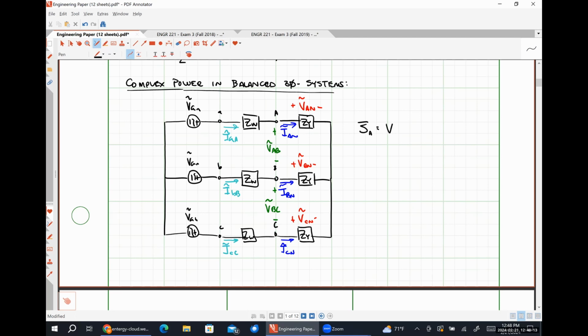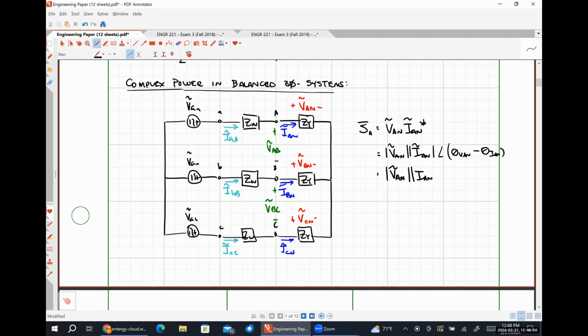So VAN times IAN conjugate, which I could express as the magnitude of VAN times the magnitude of IAN with an angle of theta VAN minus theta IAN, which is the same as the magnitude of VAN times the magnitude of IAN times the angle of my Y-connected impedance. Perfect.